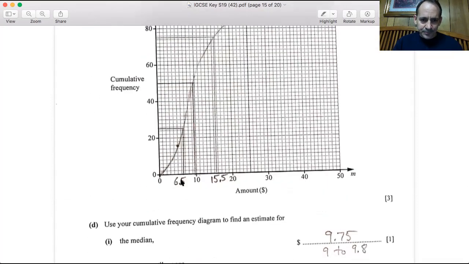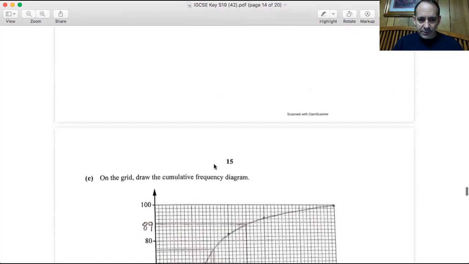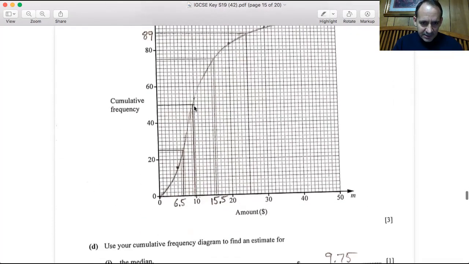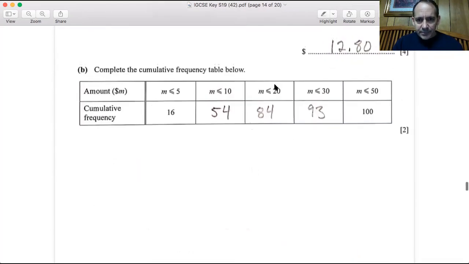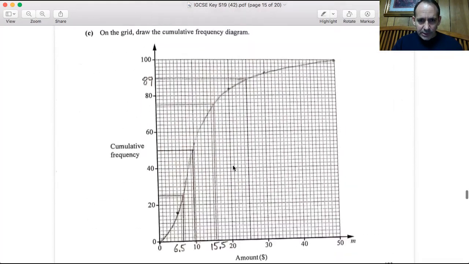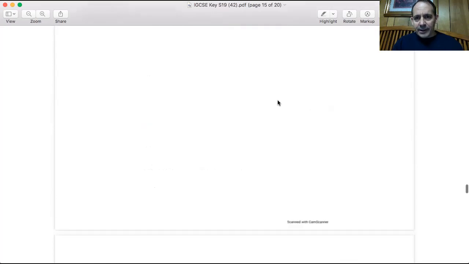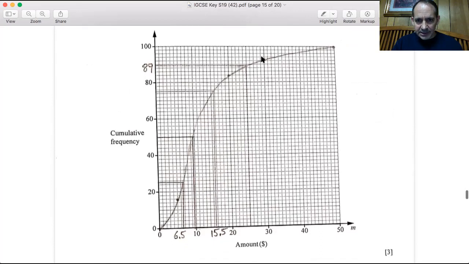So here's the 0, here's the 16 graphed with the 5, the 54 is graphed at the 10, and then you 84 at the 20. So here at 20, you go up to 84, and you're 93 at the 30. So here's 30, go up to 93, and you're 100 at the 50.